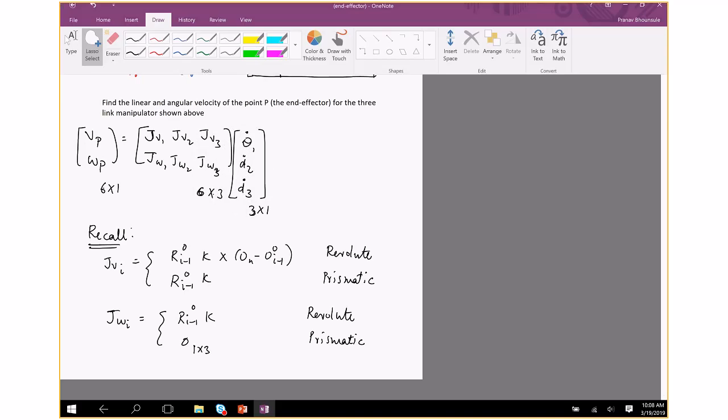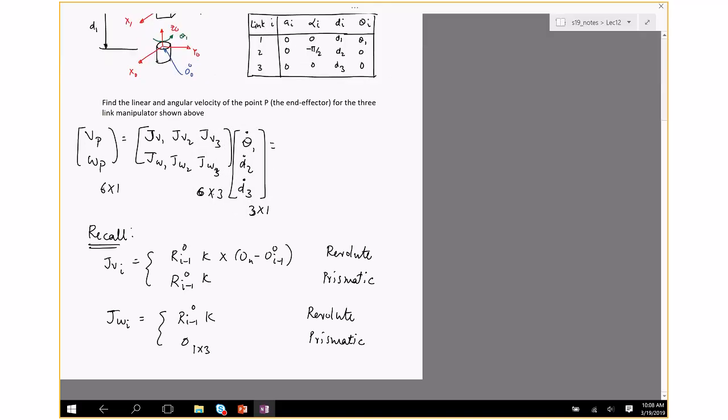Let's use this information to write the different j's.